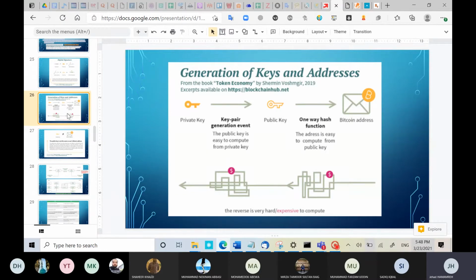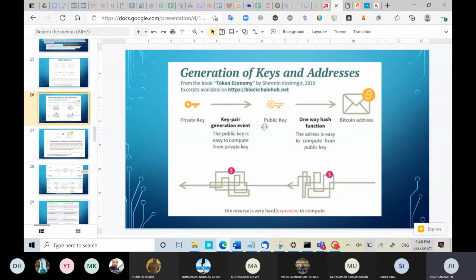So it's possible, but difficult, to get back from the Bitcoin address to the public key, because it's a one-way hash function. As the name implies, it's easy to go from public key to Bitcoin address, but very difficult to go backward. The Bitcoin address represents the public key: the public key is what anybody who wants to talk to me should use to reach me.